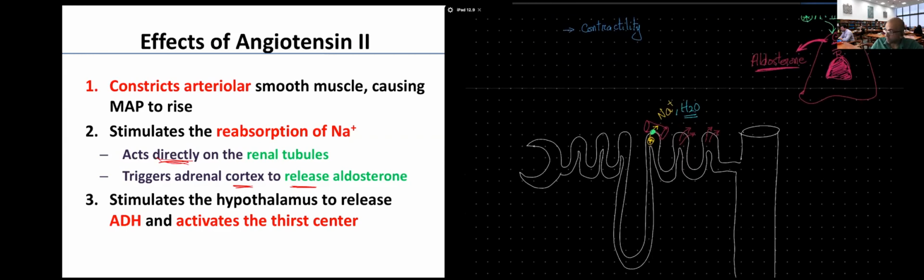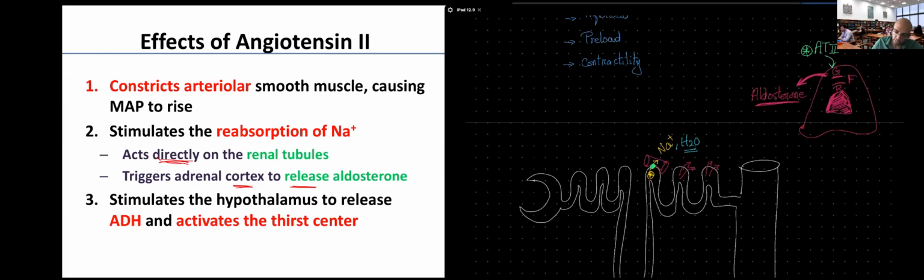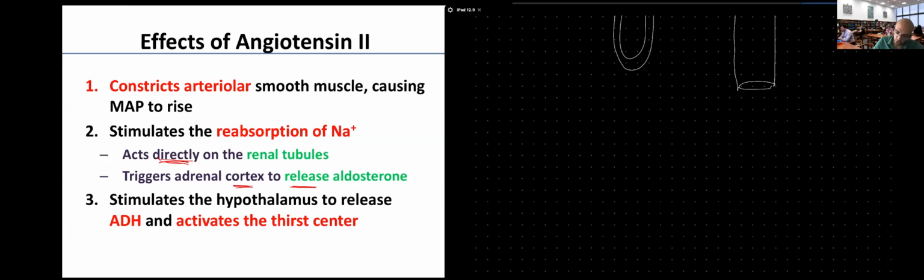Next, another way by which the angiotensin II is going to be increasing the blood pressure is by stimulating the brain. 2 parts of the brain that we're looking at here, both are located in the hypothalamus.